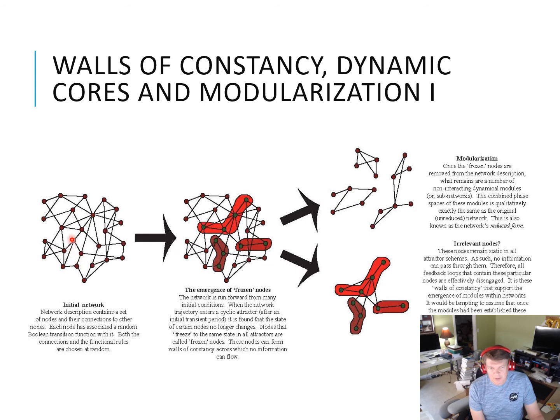As we simulate this network, we find that there are certain nodes, depending on our starting condition, that become frozen. As we talked about earlier, these stop information from flowing around the network. They limit the dynamics of the network. They constrain the possibilities of the network by them being there.